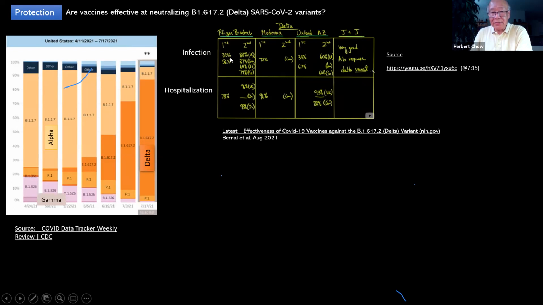And it shows that it seems like they can still control the virus quite well. The Pfizer is about 70 to 80%, the Moderna I think is like 80 to 88%. The Oxford is quite well, the J&J quite well. In terms of hospitalizations, according to the publication, it seems like it's still at about 90%.